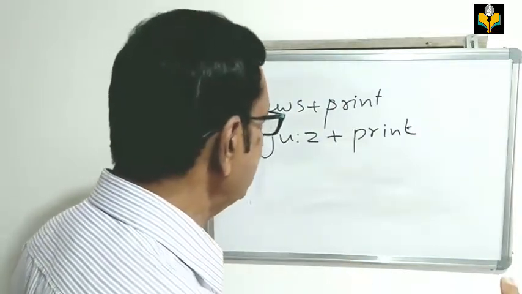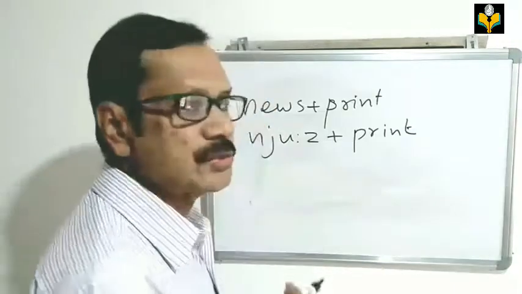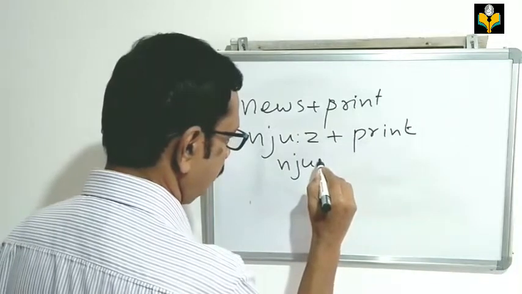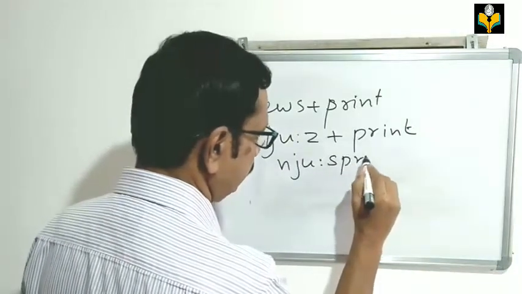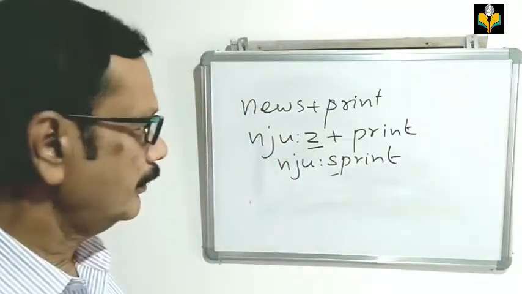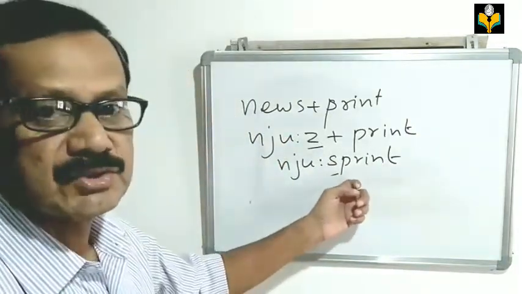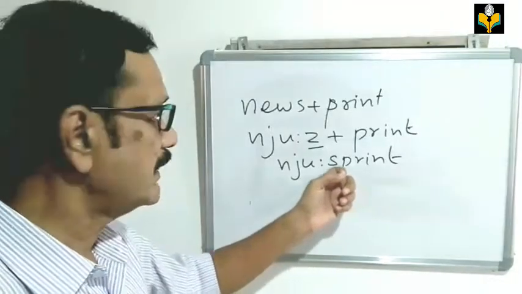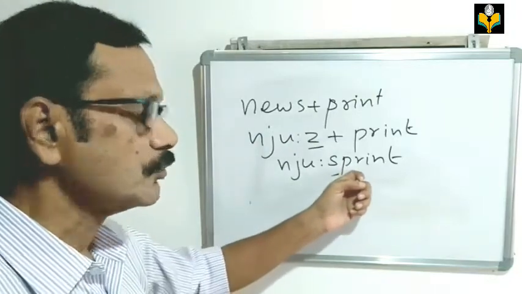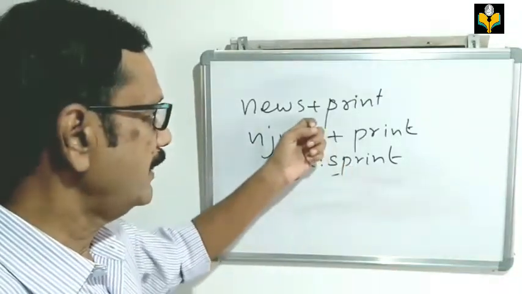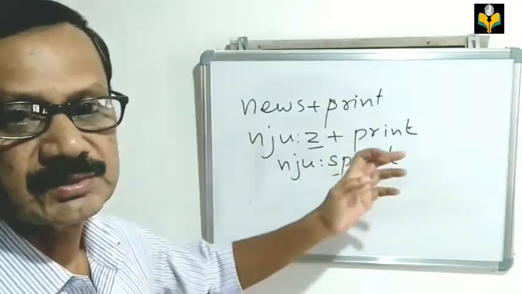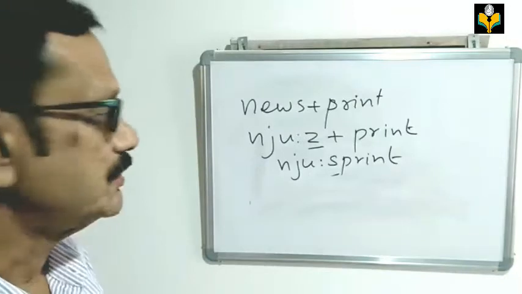When we pronounce these two words together, instead of z it becomes s, because there is p immediately after that. So we can say that z is replaced by s under the influence of p. Sound A is replaced by sound B under the influence of sound C. This is assimilation, an assimilatory change.